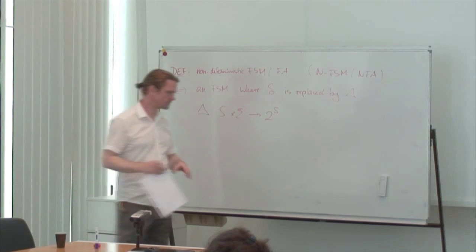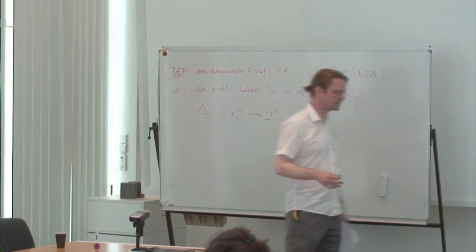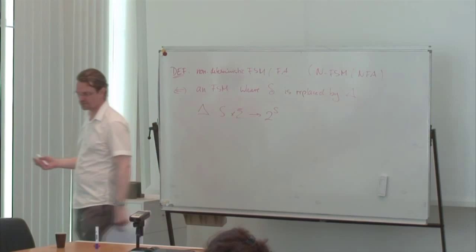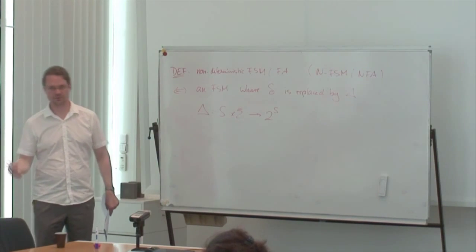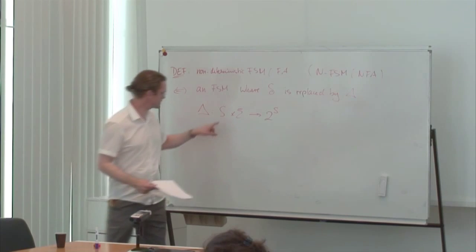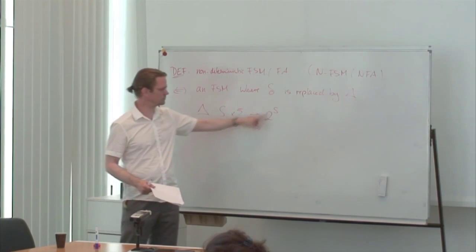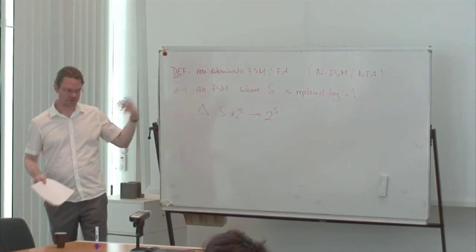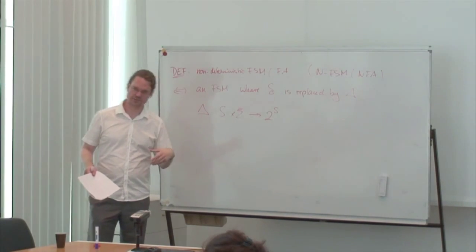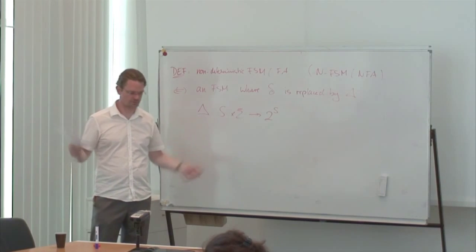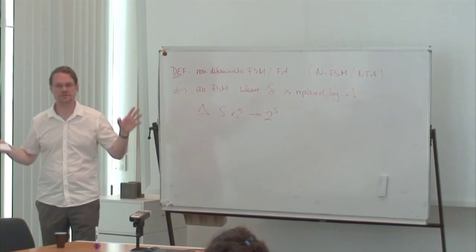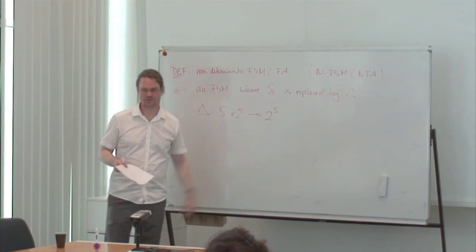Once again, this power set is the set of all subsets of a set. So we are given the set of states S, and 2 to the S indicates the set of all subsets. It contains S itself, it contains the empty set, sets with just one element, sets with two elements, like all the subsets of S are contained in the power set of S.